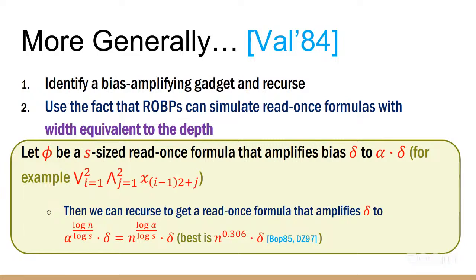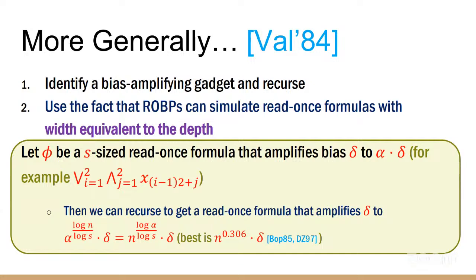This is the optimal read-once Boolean formula, and this was proven to be tight by Boppana and some other people. Here, you take a constant size read-once Boolean formula that amplifies bias from delta to alpha times delta. And actually, the optimal thing is you just take an OR of 2 ANDs, and each of these ANDs has 2 bits.